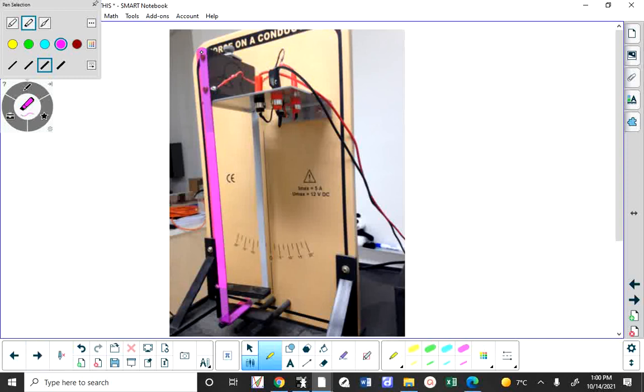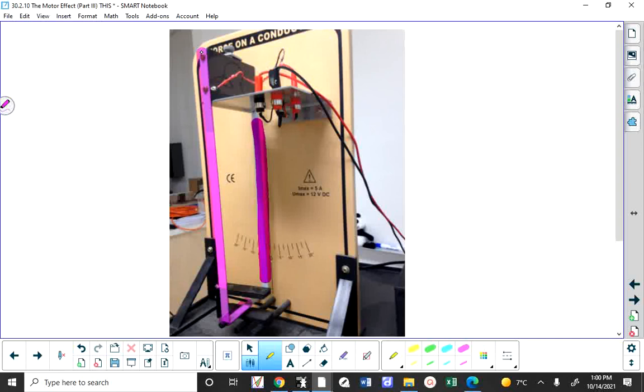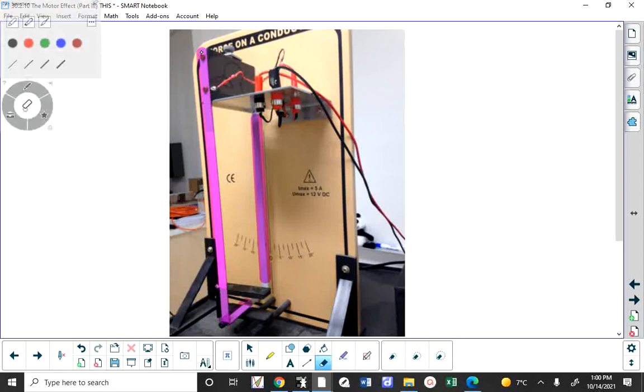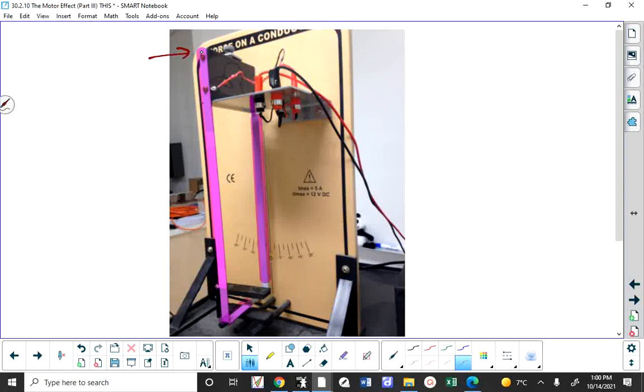It goes here, and then it comes up the back, and it goes behind a plastic block there. But the top of the U here is not connected to the top of the U that's behind there.